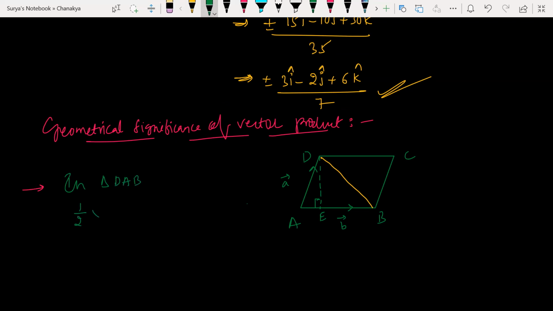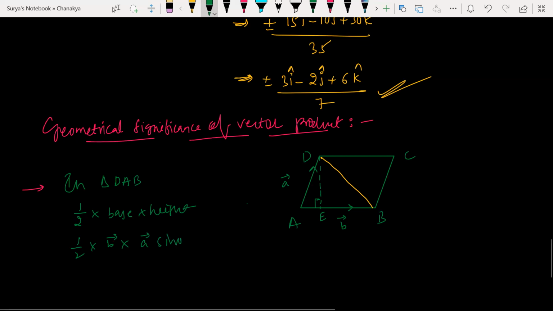What is the area of this triangle? Half into base into height, right? What is the base here? B vector. What is the height here? A sine theta.